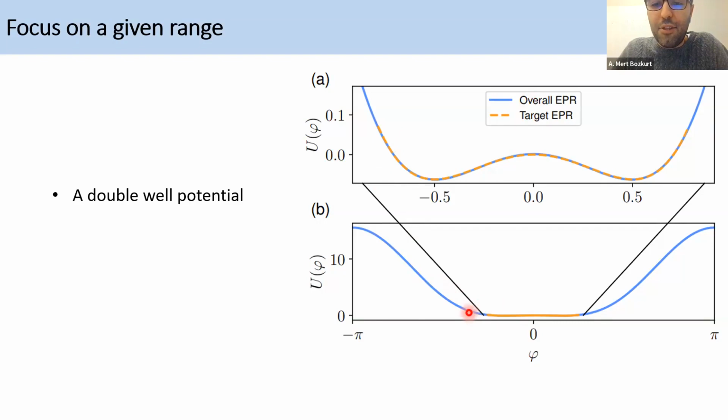Even though it behaves very differently outside the region of interest, you can match them pretty nicely in the region of interest. And since this energy phase relationship doesn't have sharp features, you can get it with a couple of tunnel junctions or a couple of arms, because you don't need that many higher harmonics.